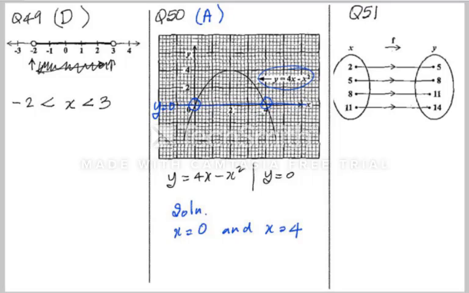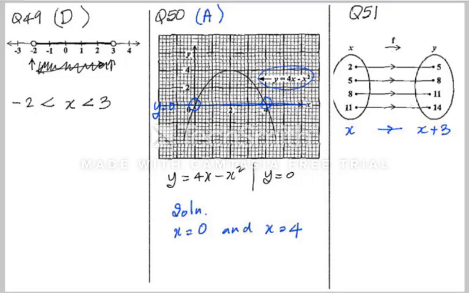All right. Question 51. Question 51 says, which of the following best describes the function? All right. What we can see here is that every value of x here corresponds to the value of y over here. It's going to be what? x plus 3.